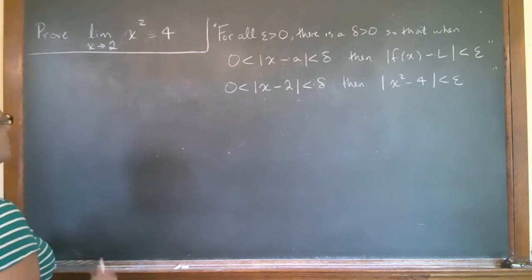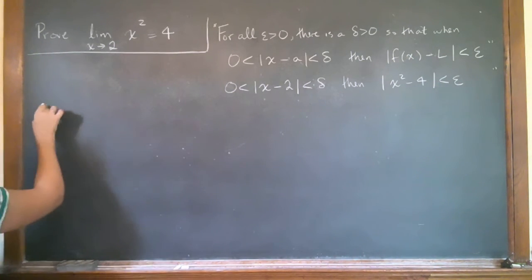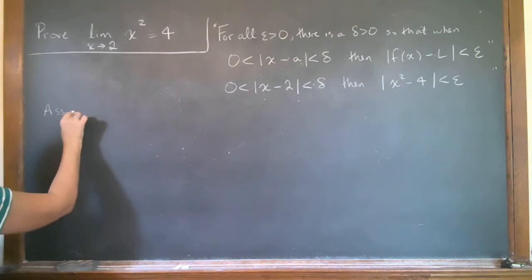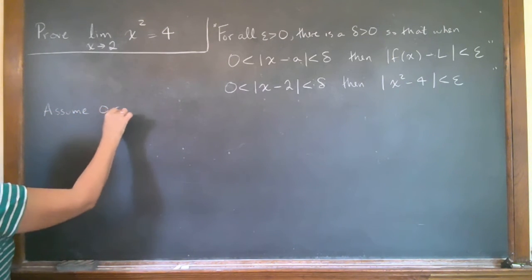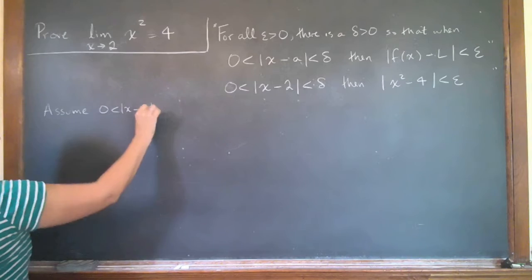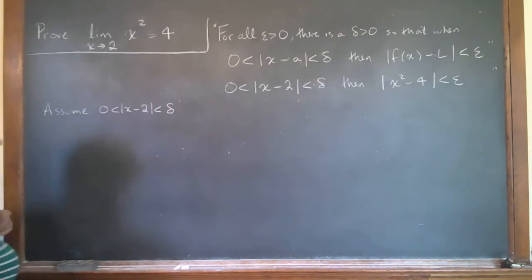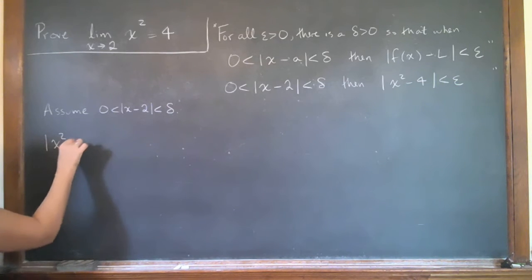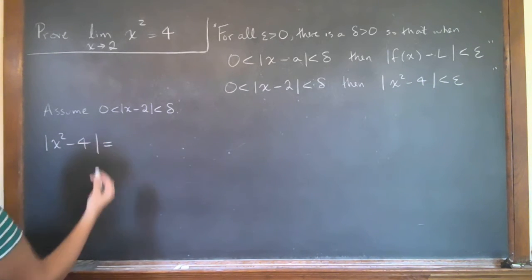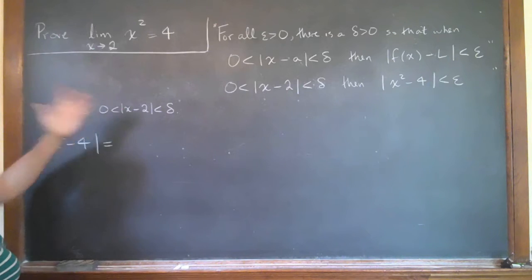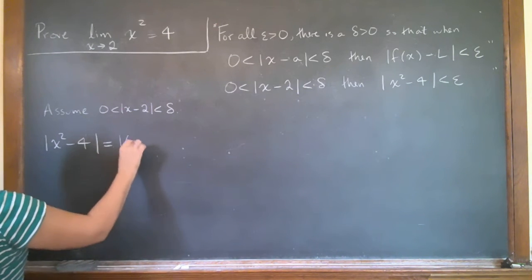Okay, so again, we're going to start out with that idea that we're on some delta neighborhood, and we just have to figure out how the delta is related to the epsilon. So if I start out with this x squared minus 4, you can see immediately, and you know already, oh, I have to somehow get this x minus 2 in there. So I just factor.